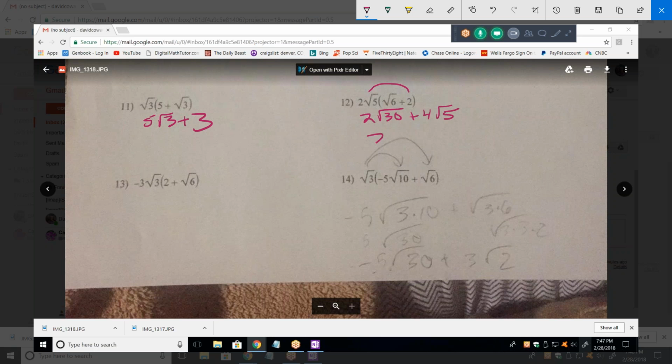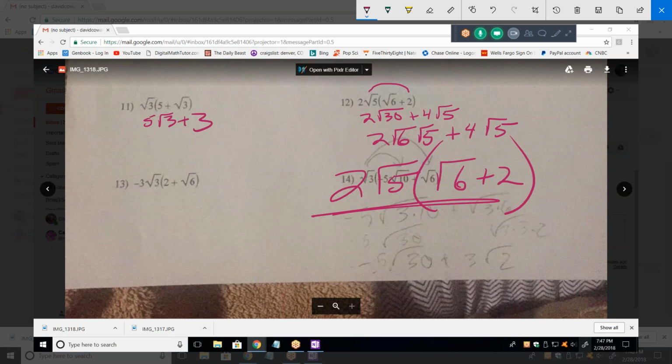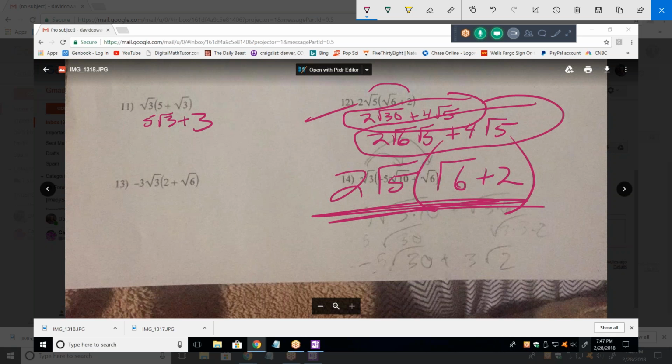I don't know that you necessarily have to do this step. The only reason I might do it is because now I can factor 2 square root of 5 out, giving me square root of 6 plus 2. And I don't know that that answer is any better than that answer. Or rather, that first one right there, I believe would be the answer you would want.